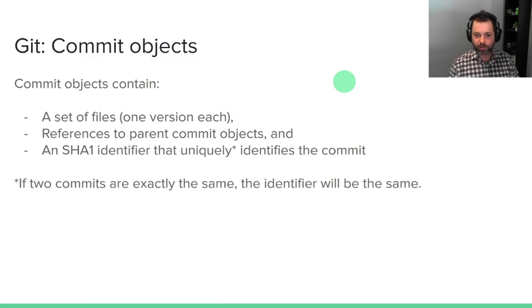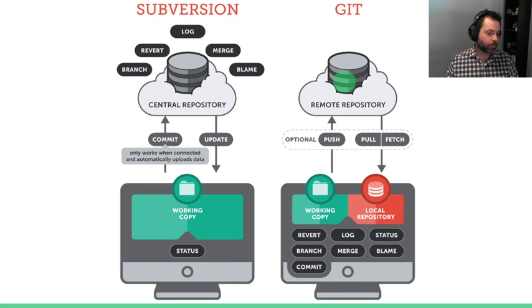And you might ask yourself, okay, well, don't we have the same problems? Poor analogy: Subversion would be like Google Docs and Git would be like Microsoft Word.